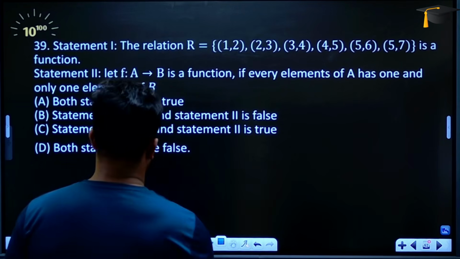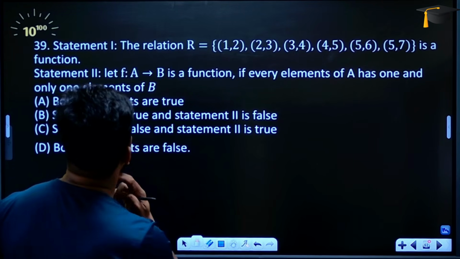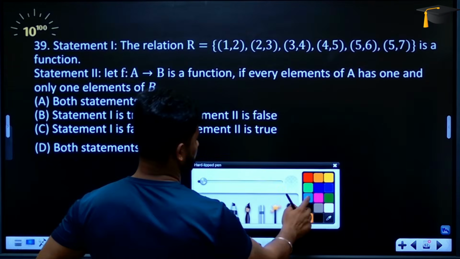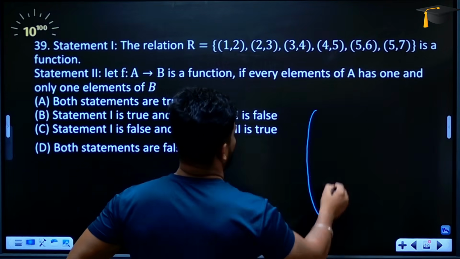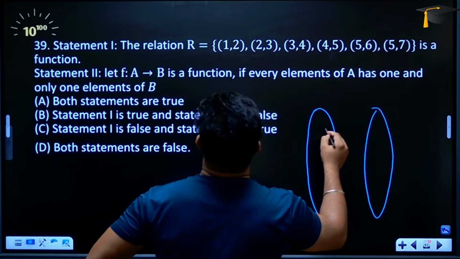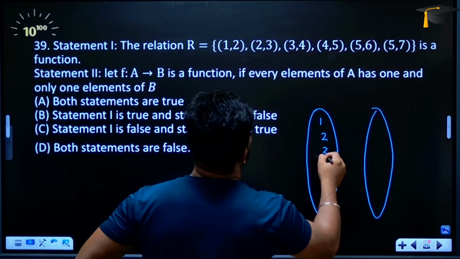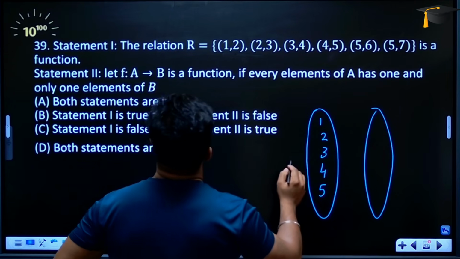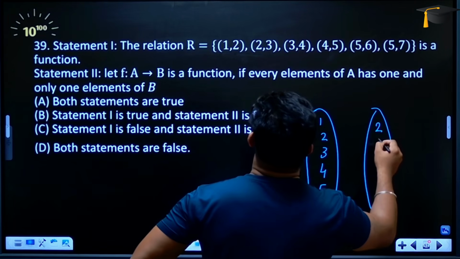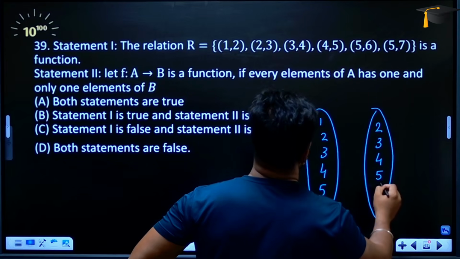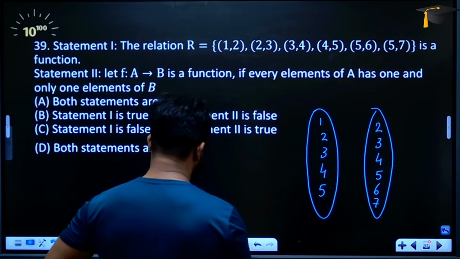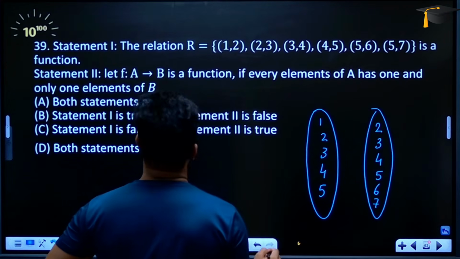Set R is equal to 1 to 5, and the next set 2, 3, 4, 5, 6, 7. So this is a function?